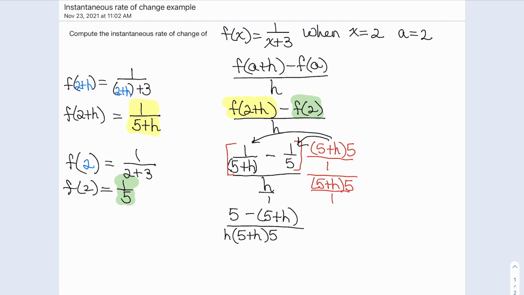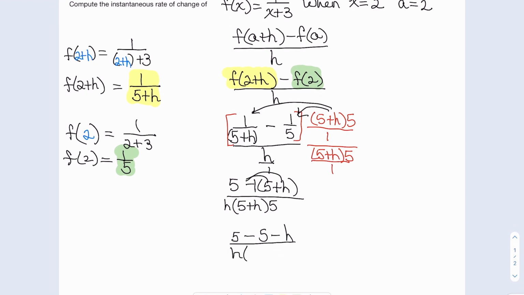Next, in the numerator, I have some more simplification to do. This -1 precedes a two-term expression, so we need to multiply the -1 through the parentheses to remove those. So I have 5 and then minus 5 minus h over my h times 5 plus h times 5. Then combining like terms in the numerator gives me a -h over my h times 5 plus h times 5.